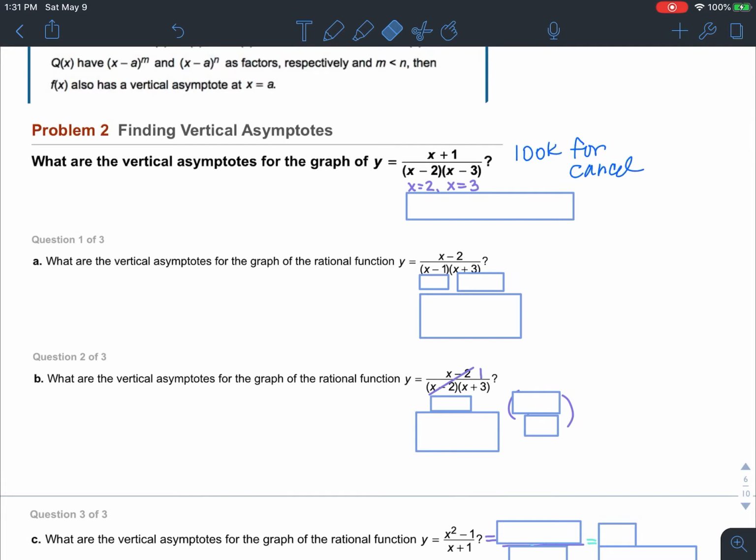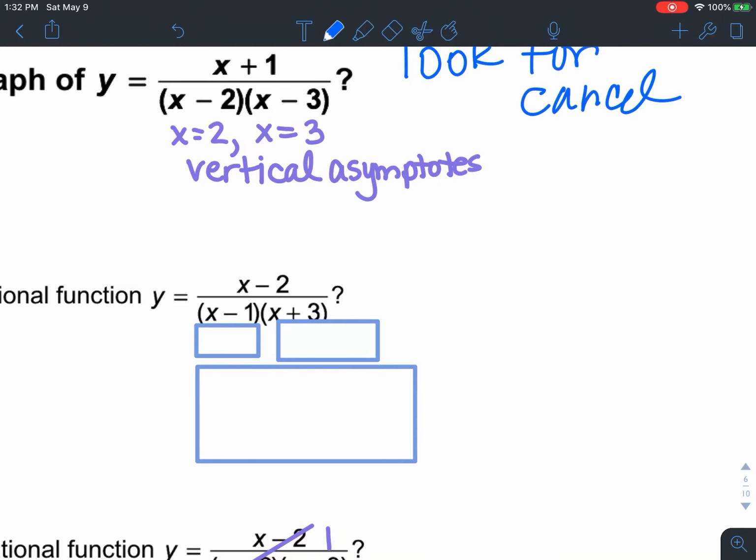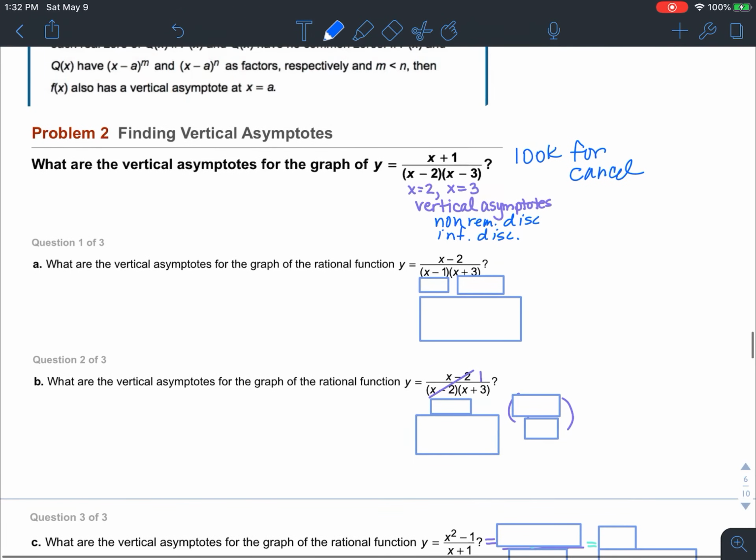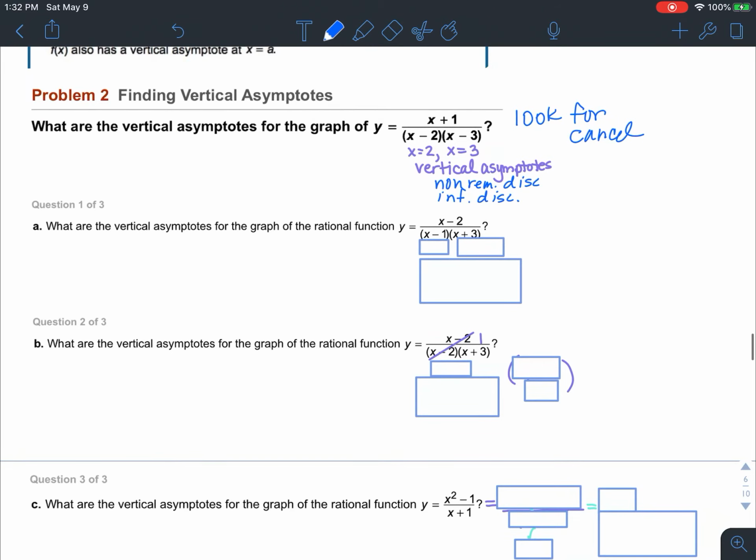It doesn't matter. So x equals 2 and x equals 3 are both vertical asymptotes. And just remember their other names. They're non-removable discontinuities, and they're also called infinite discontinuities. And they're excluded from the domain. You have to take them out.